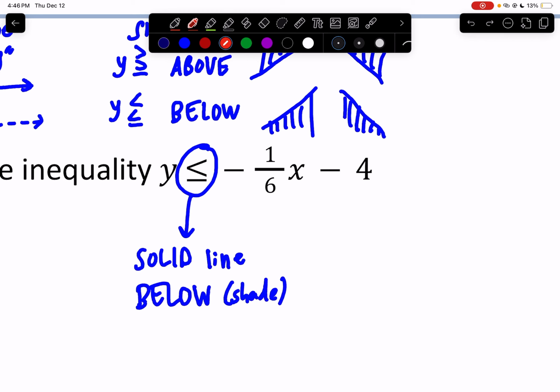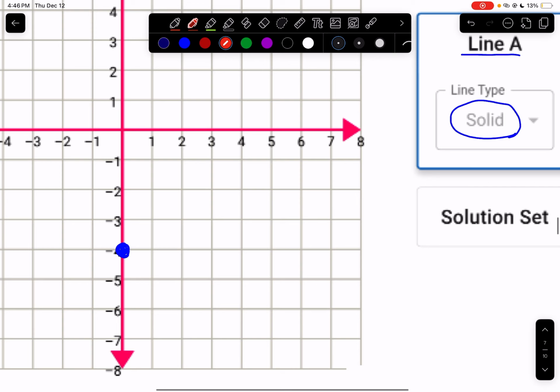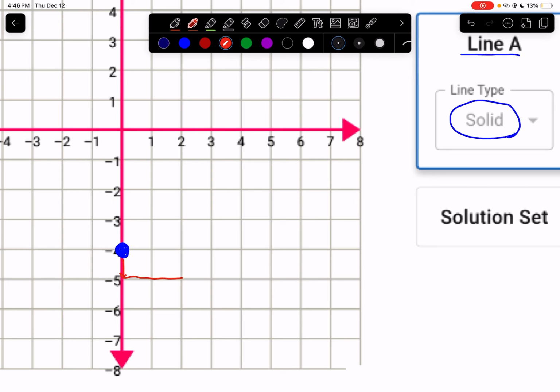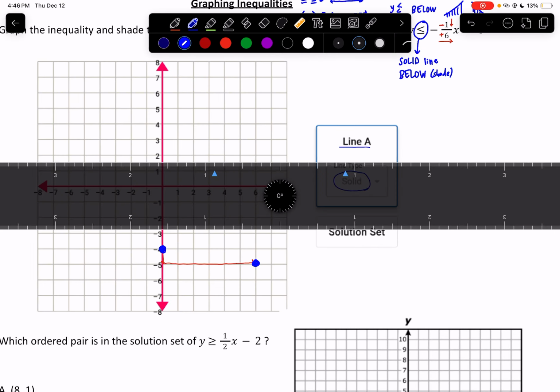I'll treat this as a -1 over a +6. I'm going to go down 1 and then right 6. My next point will be right here, and it will automatically connect those points for you.